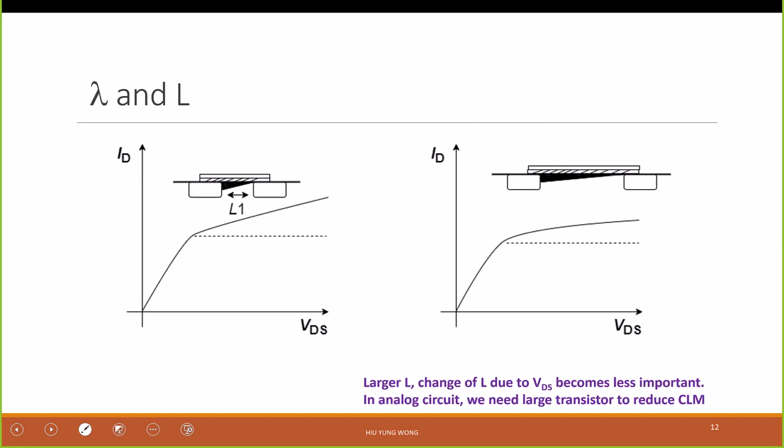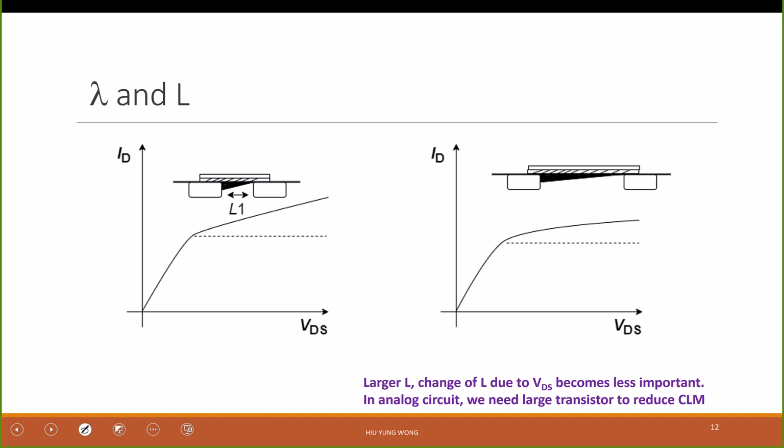Okay, let's move forward. Let's take a look at how this lambda, the channel length modulation, is related to the L. I already gave you the answer. When I have a small L, a small transistor, I do have a larger, steeper slope. This one is more gentle, right?